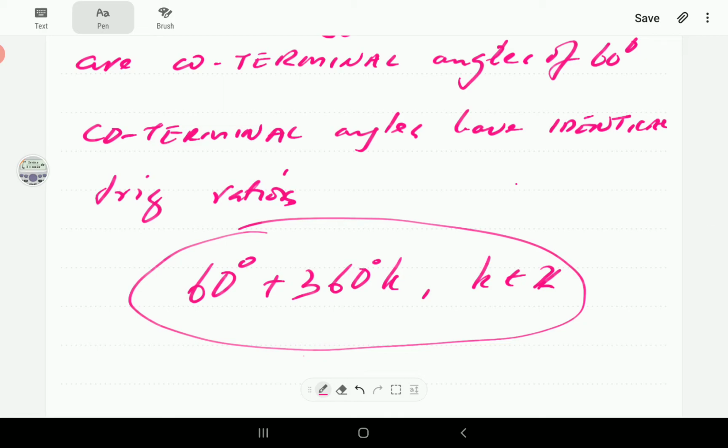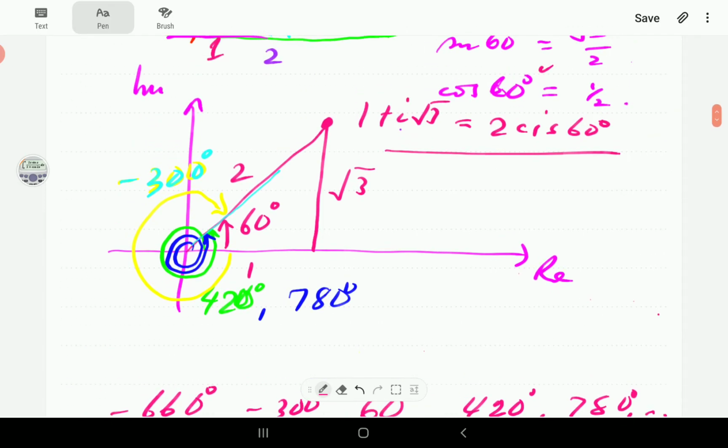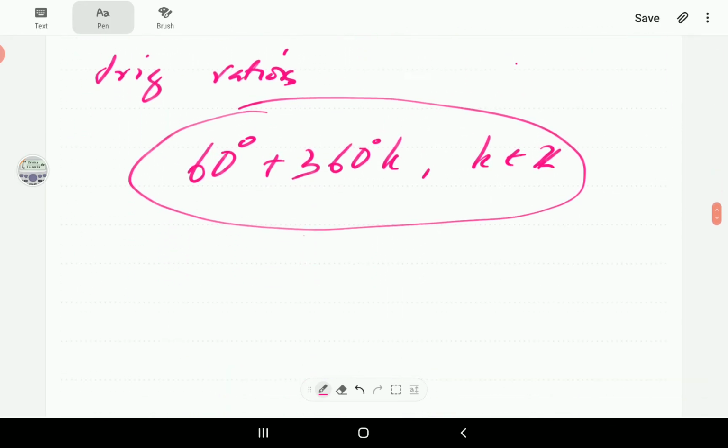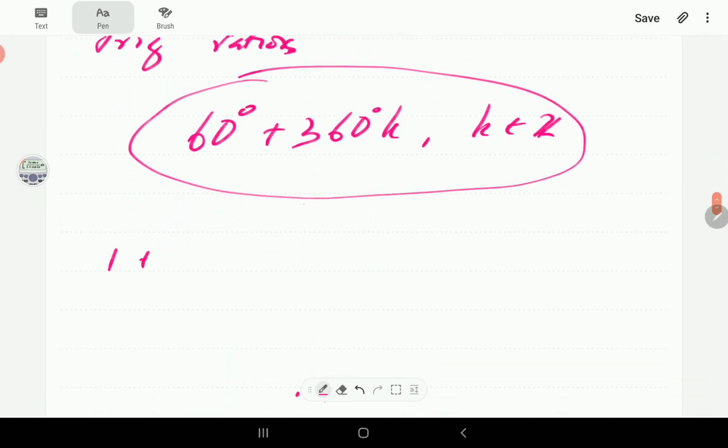Now, going back to our complex number, I've just said that 1 plus i root 3 is 2 times cis 60.